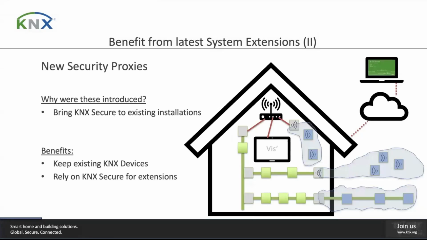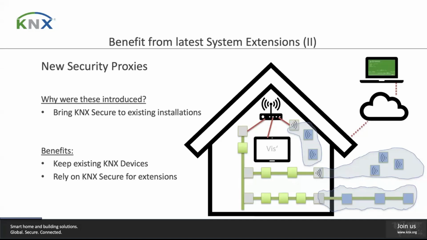Security proxies. This is a little bit related to segment couplers. Devices that are acting as segment couplers or line couplers that are KNX Secure can act as a proxy. What that means is that anything on the secure side of that coupler is going to communicate in a secure way.